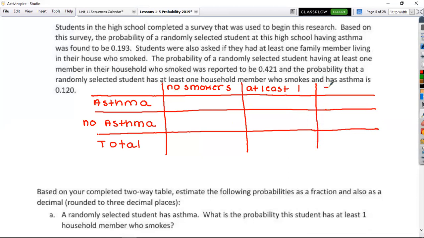And then we're going to start filling in your numbers here. So you're just going to do some basic math with just addition and subtraction. Way easier than logs. So the probability of a randomly selected student having at least one member in the household who smokes was reported to be 0.421, and the probability that one household member smokes and has asthma is 0.120.